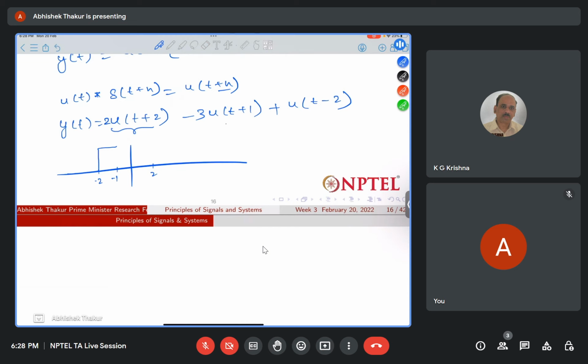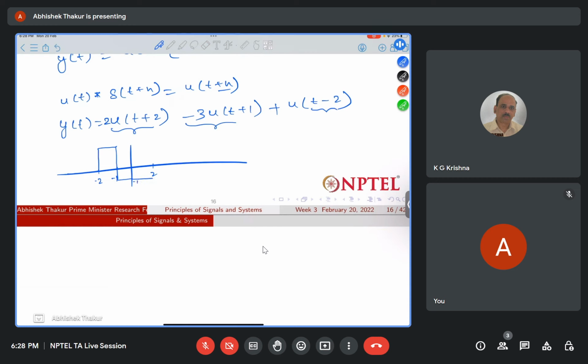Now from t equal to minus 1 to t equal to 2, this will dominate, minus 3 plus 2, so it will become minus 1 here, up to t equal to 2.